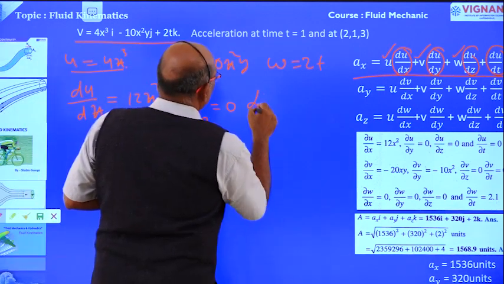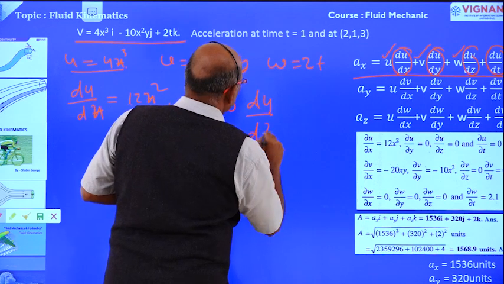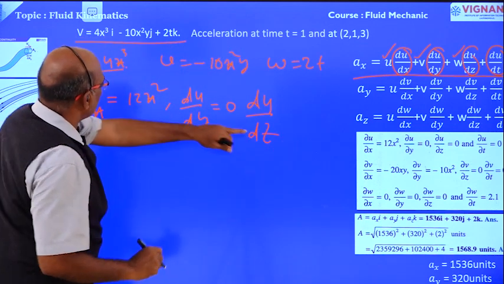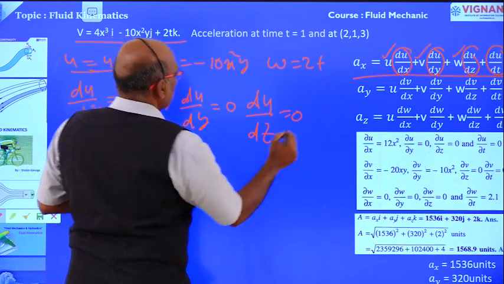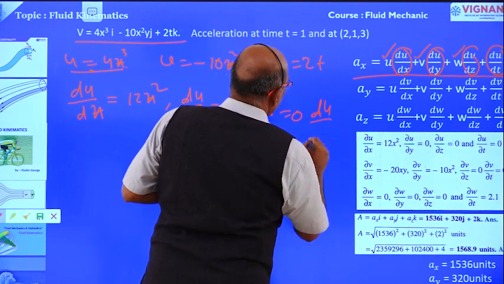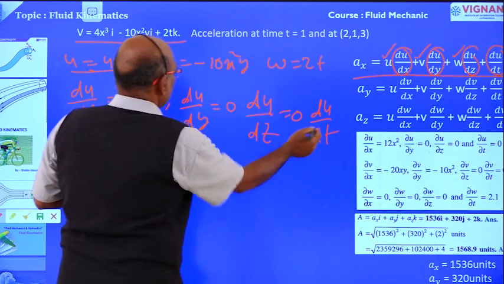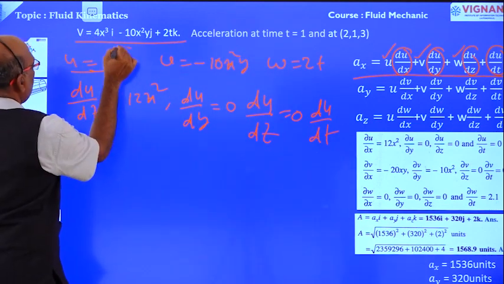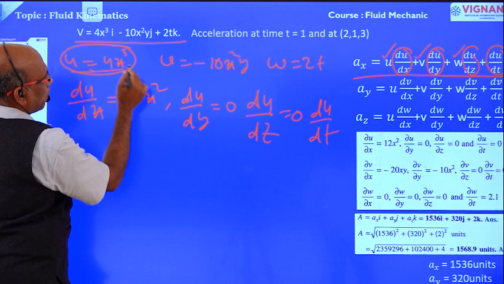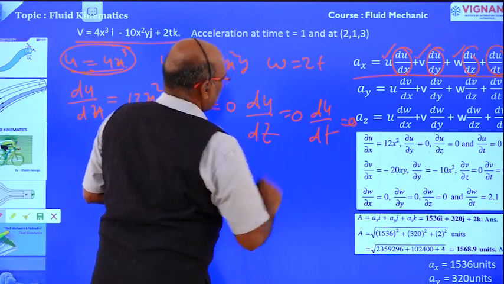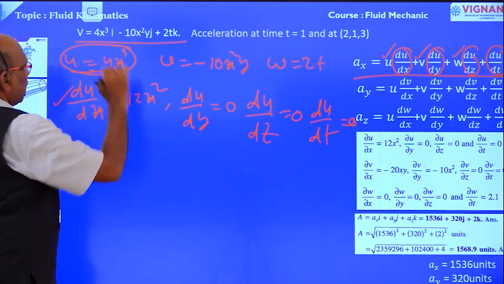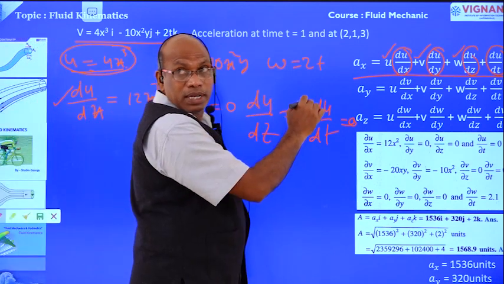And then du by dz, this equation differentiate with respect to z, this is also 0. Then du by dt, this u is equal to 4x cube, differentiate with respect to t, this is also 0. Right, this is about ax. All are determined here.